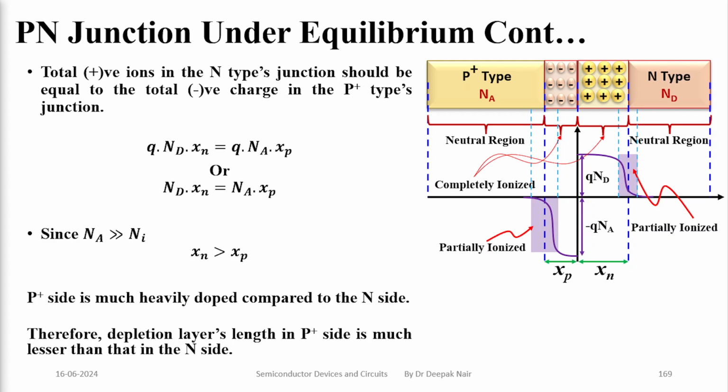With this, we can also understand if the doping changes in either the p-type or n-type semiconductor, how this will affect the length of the total barrier, how it will affect the penetration of electrons and holes near the junction, and so on. Therefore, the depletion layer's length on the p side or p plus side is much less than on the n side.